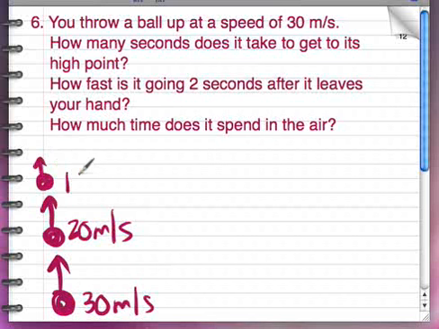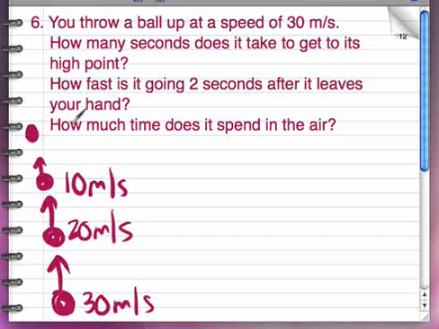Running out of space here. And finally, another second later, the speed is 0. So this is time 0, so it takes 1, 2, 3 seconds to get to the top. Don't make the mistake of calling this 4 seconds because this is time 0. You have to count the steps between 1, 2, 3. So it takes 3 seconds to get to the top.